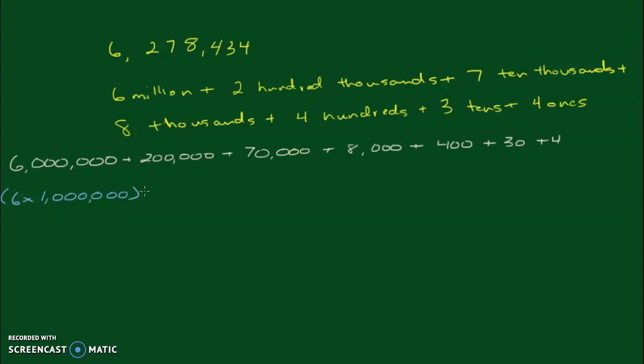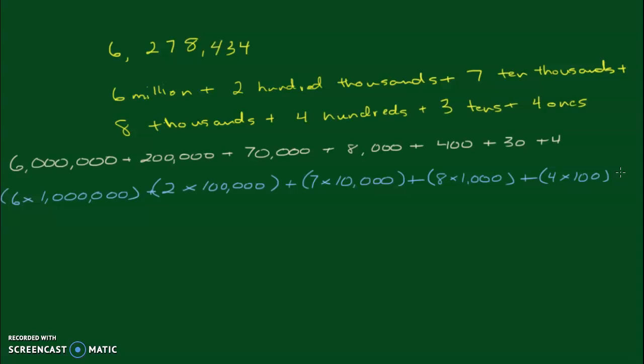We're going to put that in parentheses, and to that we're going to add 2 times 100,000 plus 7 times 10,000 plus 8 times 1,000 plus 4 times 100.